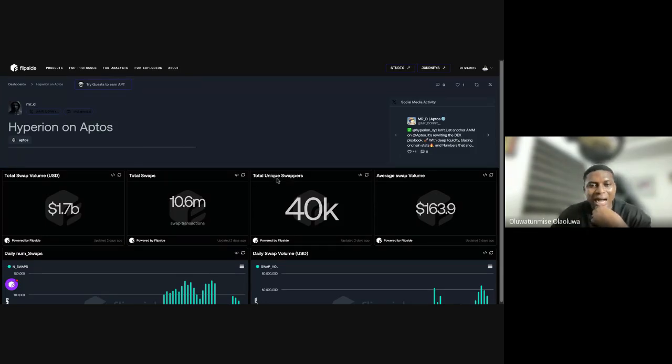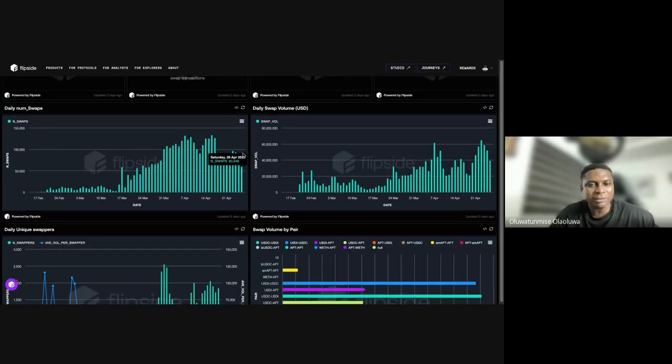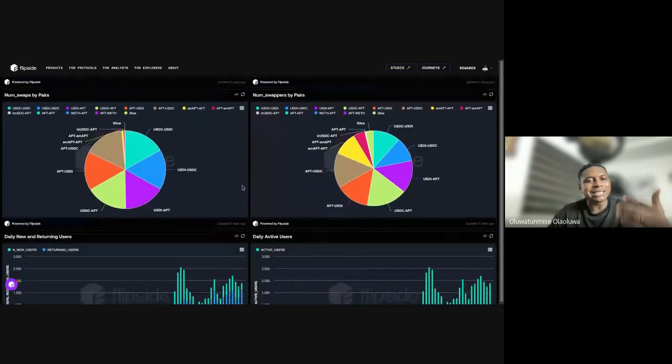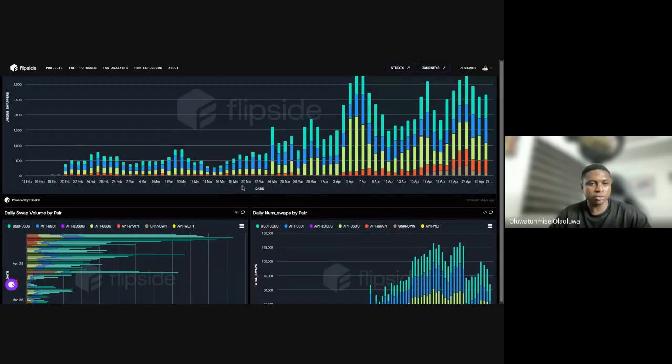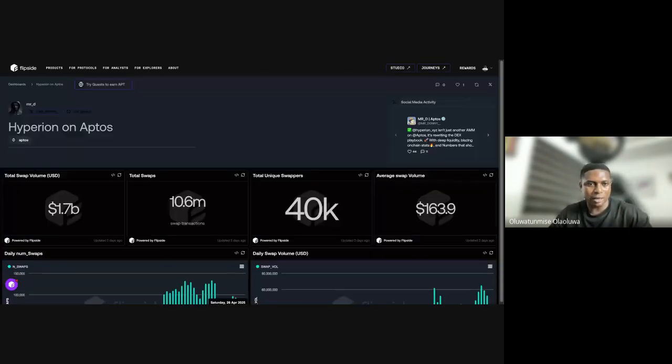He was able to check total unique swappers, average swap volumes, and also create a time series visualization of how these swaps have taken place across various months and days. And these are the kind of dashboards that our analysts build. And this is what always makes them stand out.